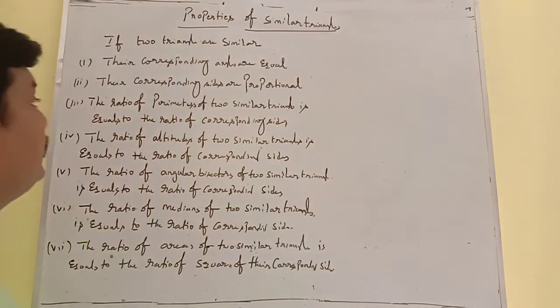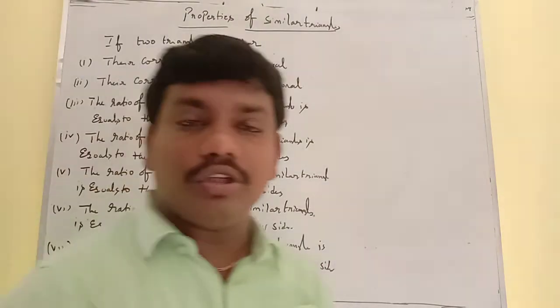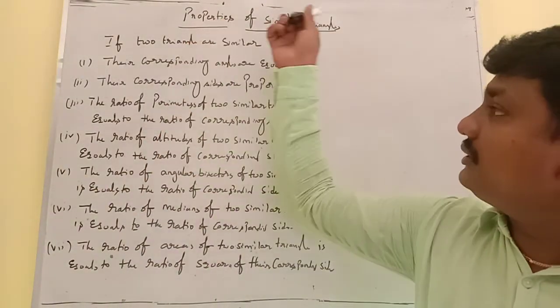These are the 7 points we have to remember for the properties of similar triangles.